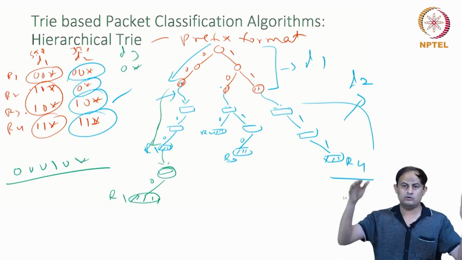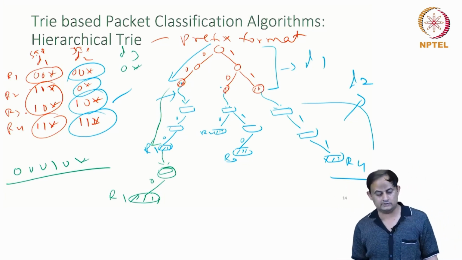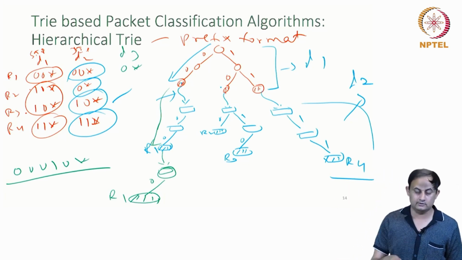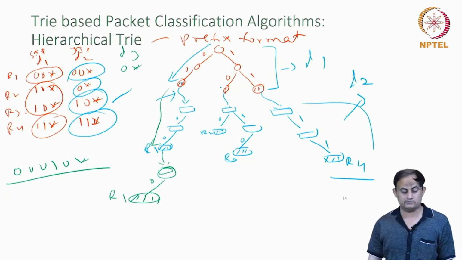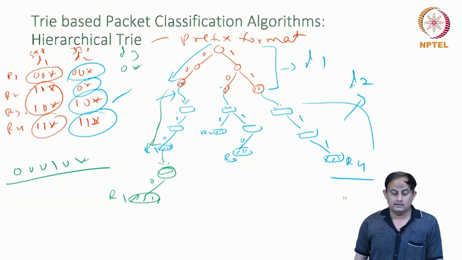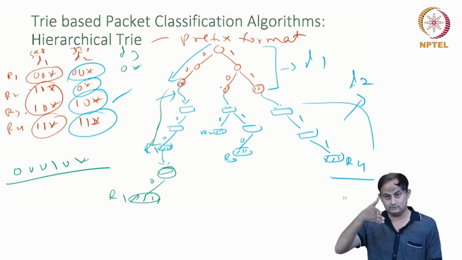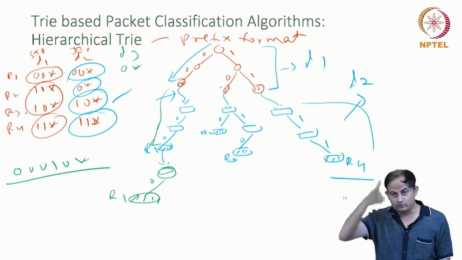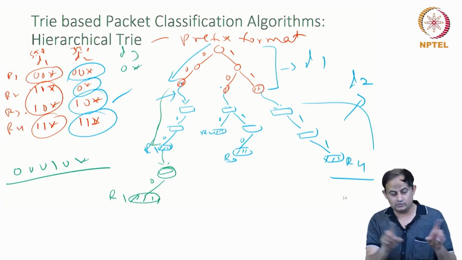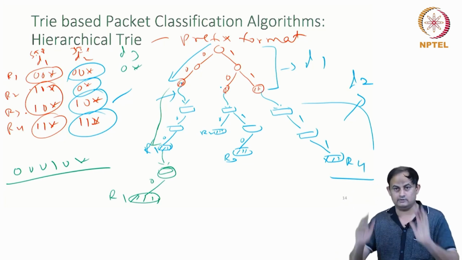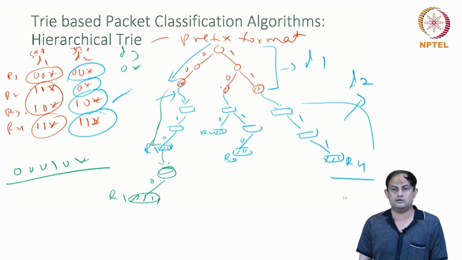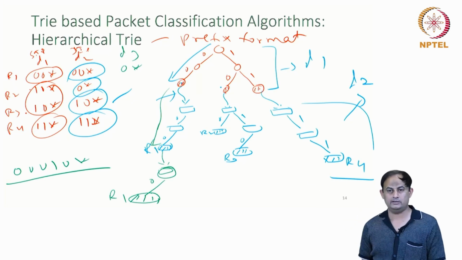Overall, one rule evaluation is going to take W cross D pointer references. And it is possible that whatever rule you evaluate may not work out, and you need to backtrack. Remember, one rule, one track evaluation. If I want to evaluate one rule, that will take W cross D pointer references.